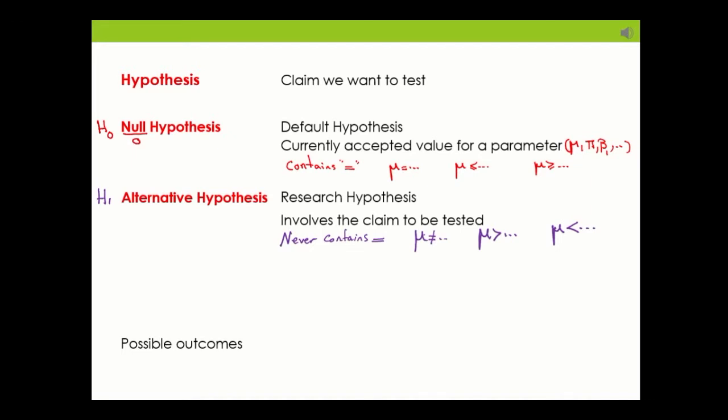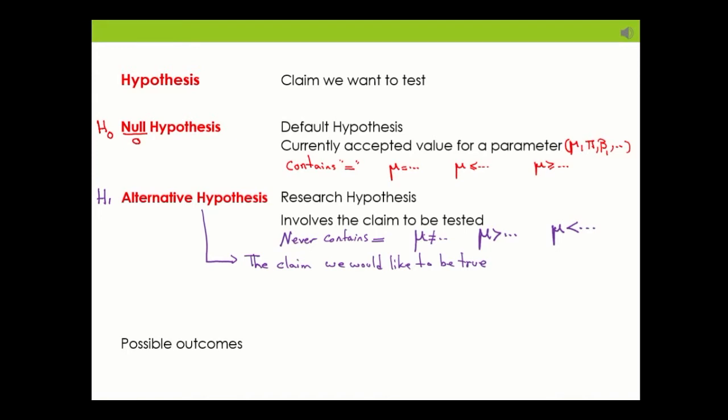So, as I mentioned, the alternative hypothesis is the claim we would like to be true. This is the thing that we want to prove.